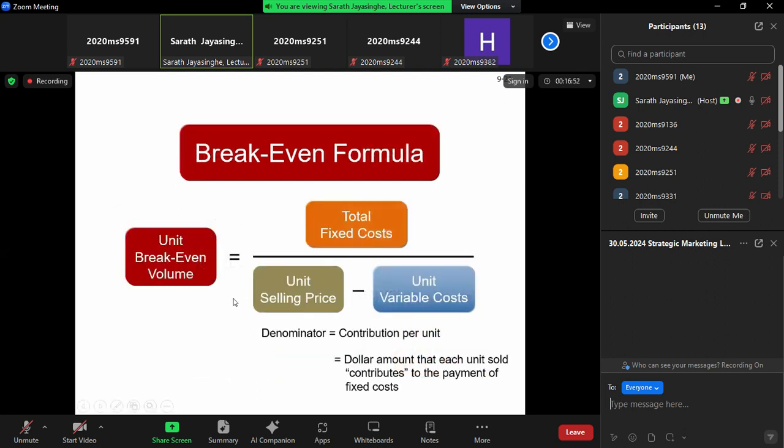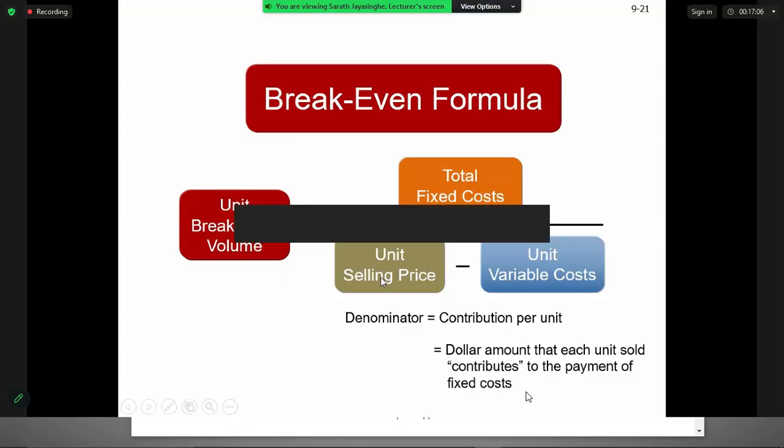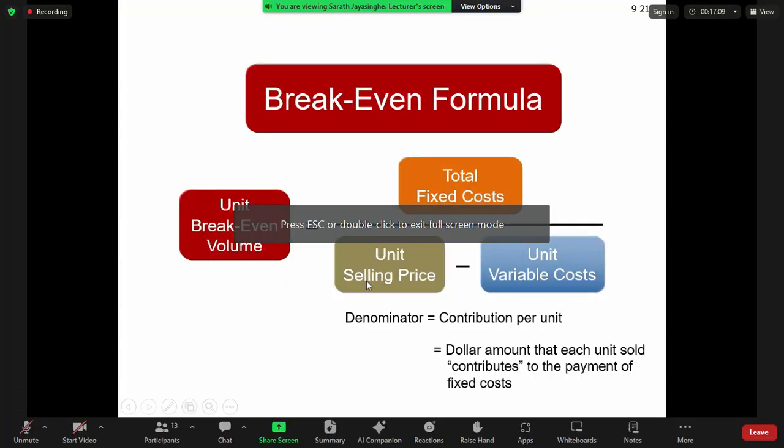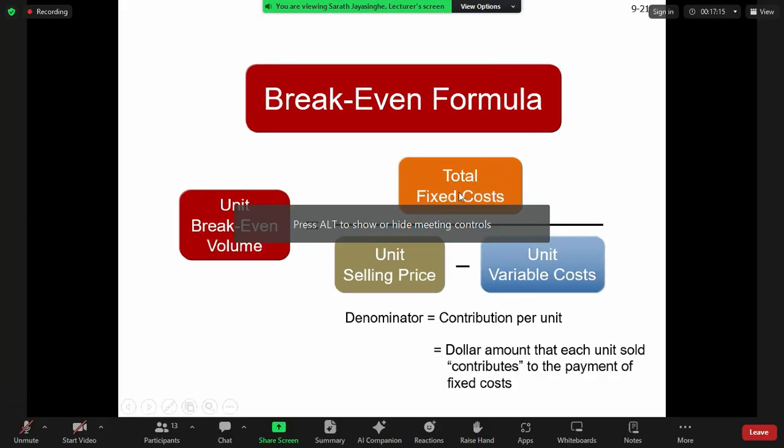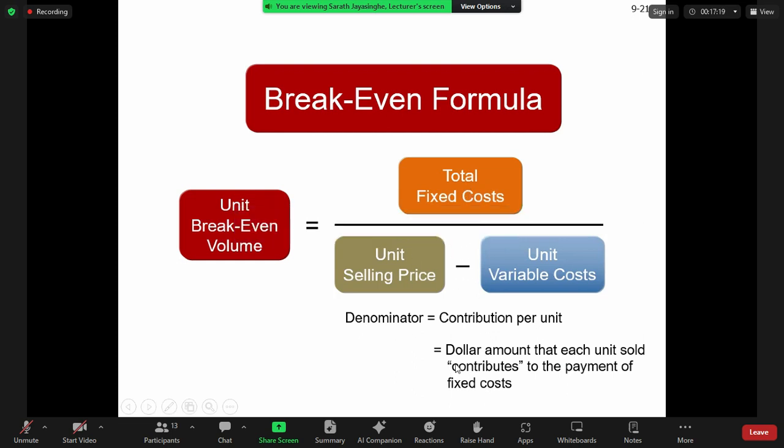The formula is like this: unit break-even volume equals total fixed cost divided by unit selling price minus unit variable cost. The part under the line is called the denominator, and over the line is the numerator. The numerator is the total fixed cost, in dollar amount.